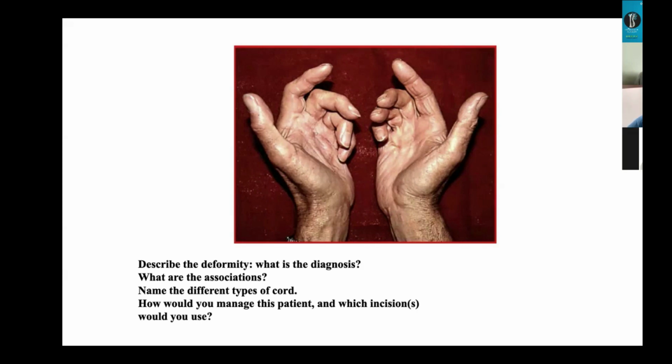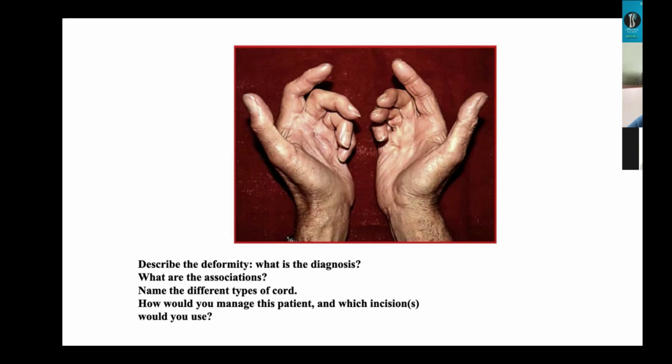I will take a detailed history focusing on the risk factors, whether there's alcohol, diabetes, and then I will ask the patient whether there is pain, and function-wise, to what extent it affects his daily life, and what treatment he has undergone so far.